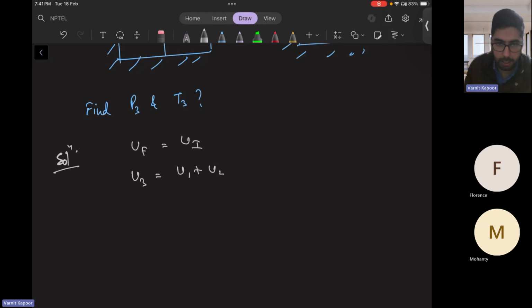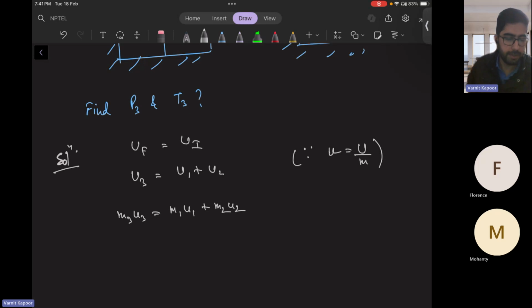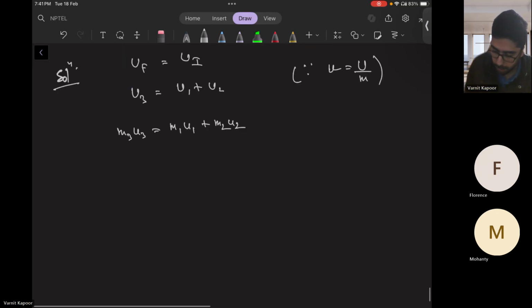Since you know that specific internal energy is U by M, so U will be M into u. So this is M3u3 is equal to M1u1 plus M2u2. All these are specific internal energies now.